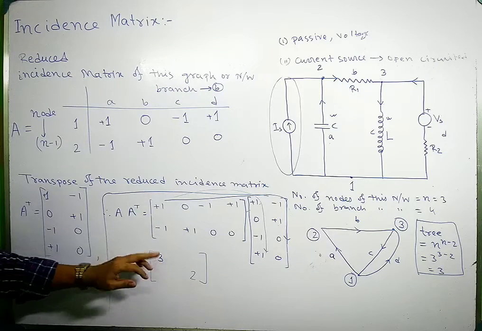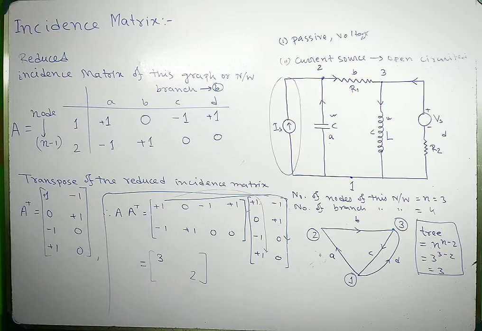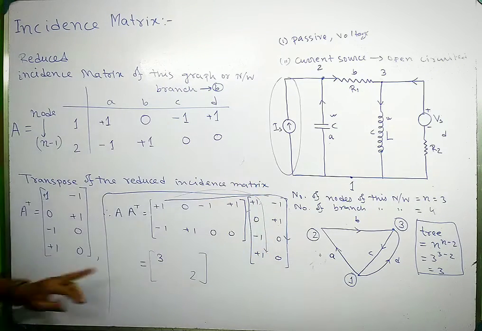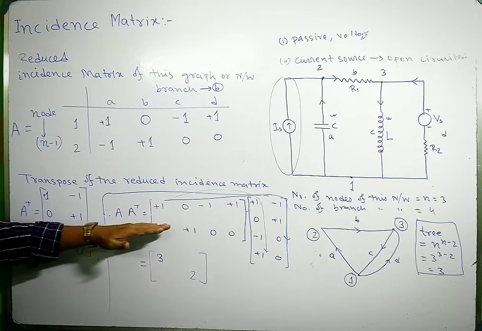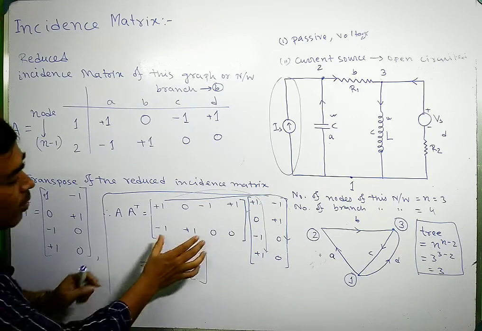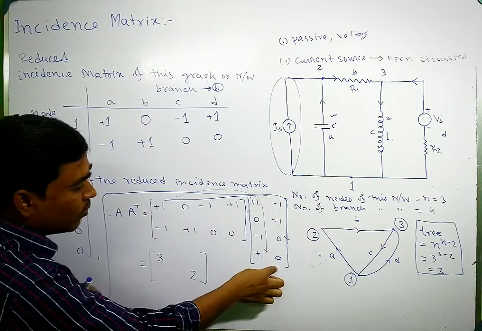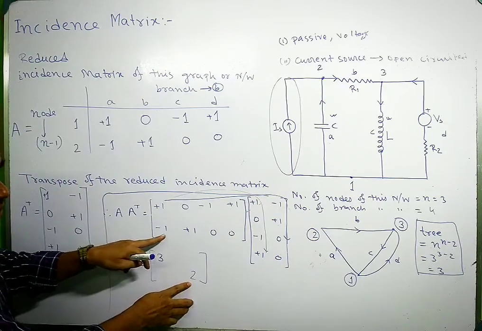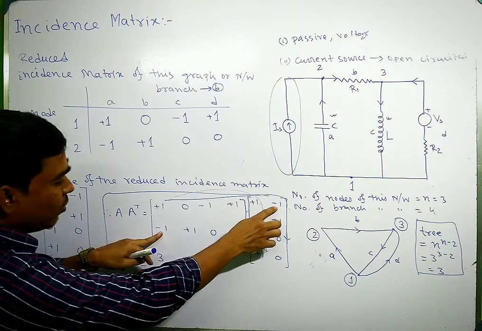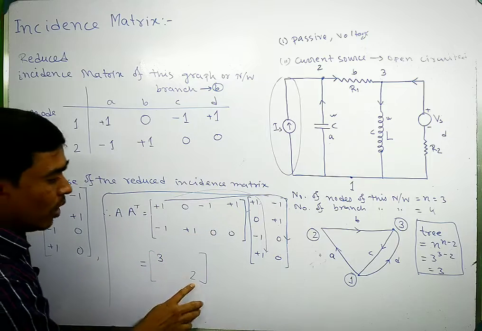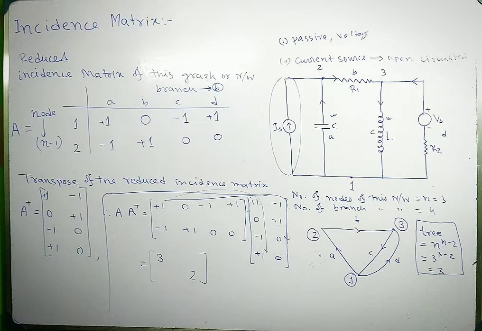This is the 3, and if you multiply this row with this row, minus 1 plus 1 and plus 1 plus 1, so total will be 2.